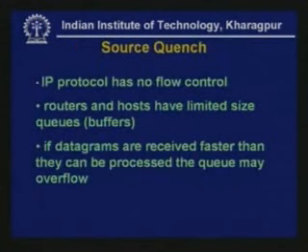Source quench. This is a crude attempt to implement some kind of flow control. The IP protocol has no flow control. Routers and hosts have limited size queues. What may happen is that in an intermediate router a number of packets come up, suddenly there is a flood of packets into one intermediate router from various directions.